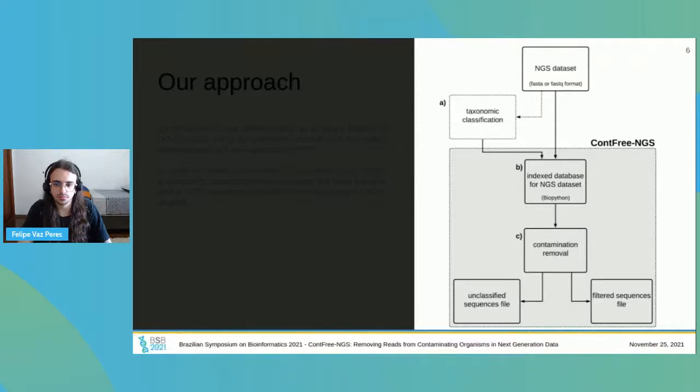The user must insert the target taxon, so all of the descendants of the target taxon will be maintained in the final filtered sequences, but I will talk about these parts later.